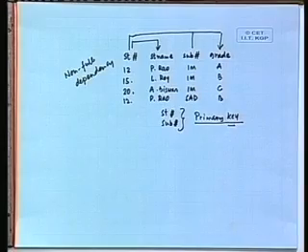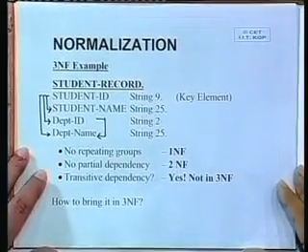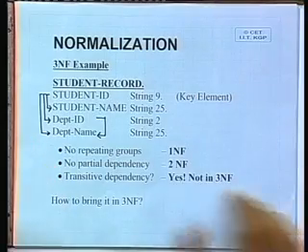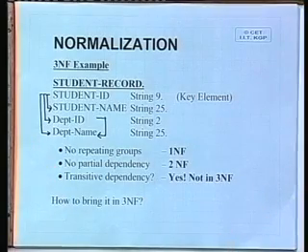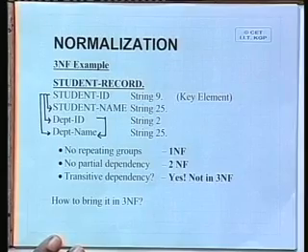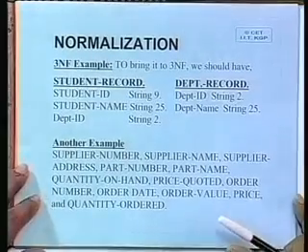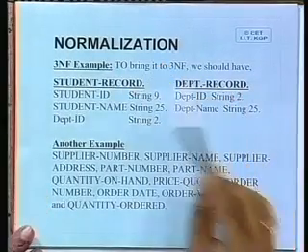Now, coming back, this is the example we were discussing, that this is not in third normal form. So, it is to be brought into third normal form. So, how to do this? Definitely we have to separate out the department record and the student record.